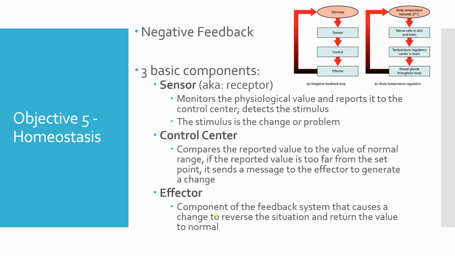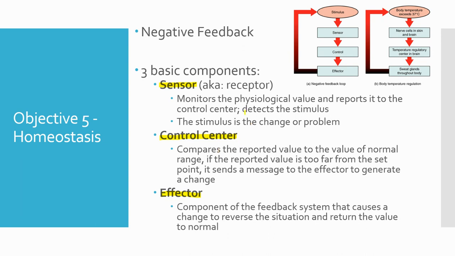Like I said, most of our mechanisms are negative feedback, and there are three parts to negative feedback. You have the sensor, the control center, and the effector. It starts by sensing the change. So if you get hot, your body's going to sense that your temperature is increasing. The control center is going to process that information.